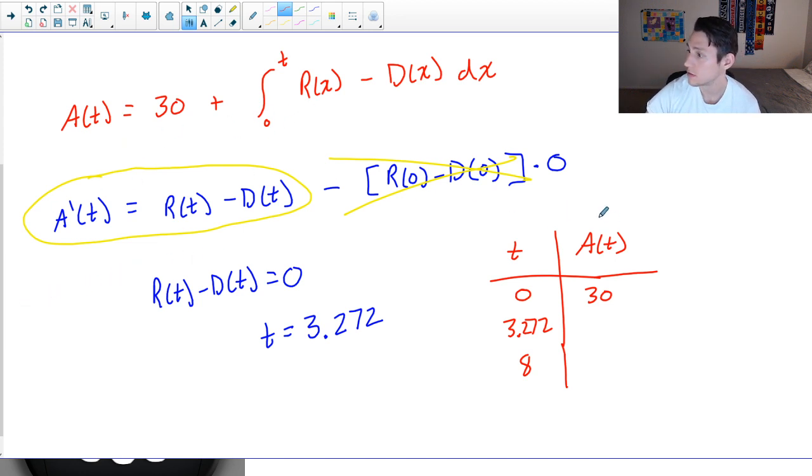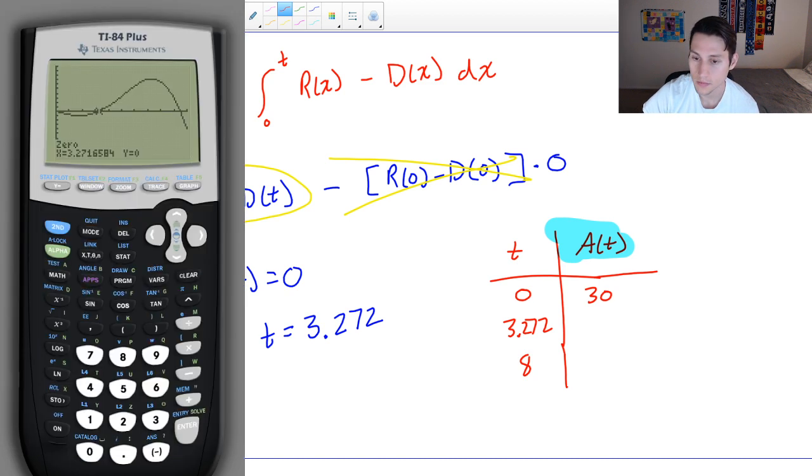Okay, so remember for A of t, that's this function up here. If we type into our calculators, we'd have to use that 30 plus the integral from 0 to 3.272 of r of x minus d of x dx. I'll show you.